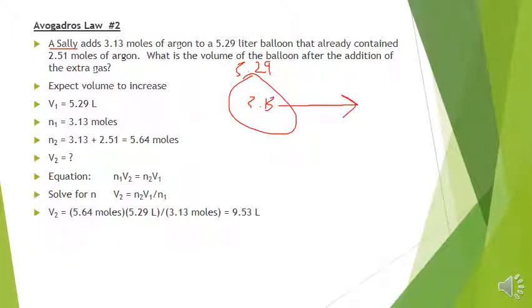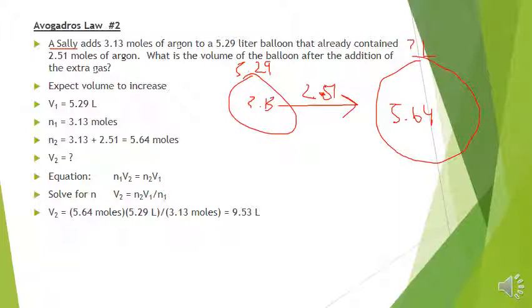Then they add 2.51 moles. What happens inside the balloon? Well, it's going to get bigger. Got more particles, it's going to get bigger. So now the new number of particles is 3.13 plus 2.51, or 5.64.